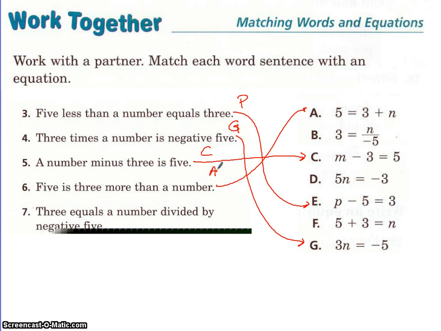And the last one, 3 equals a number divided by negative 5. So it looks like this is B. And is that what you got? P, G, C, A, B?